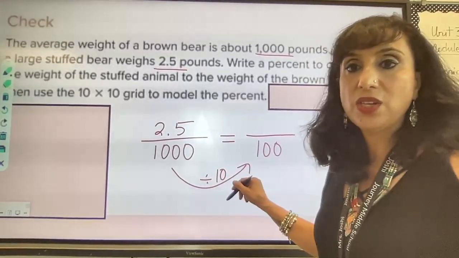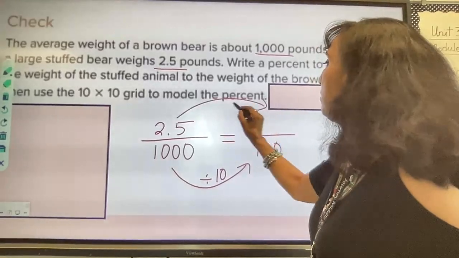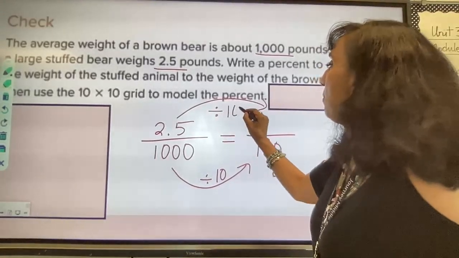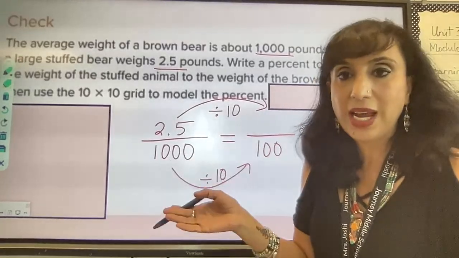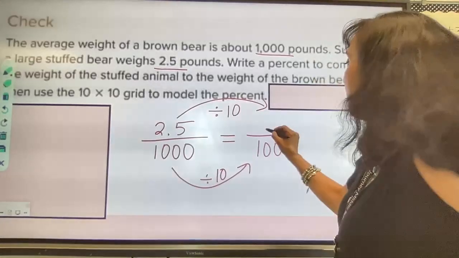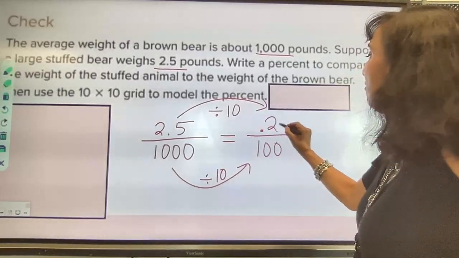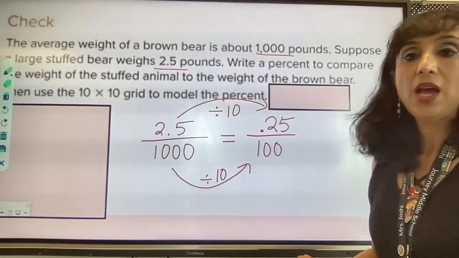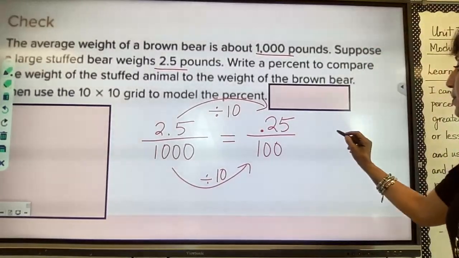Whatever I'm doing to the denominator, I'm going to do the same thing to the numerator. If I'm dividing by 10, my number is getting smaller, so the decimal is going to move one place to the left. And so this is going to be 25/100, and this part is my percent.